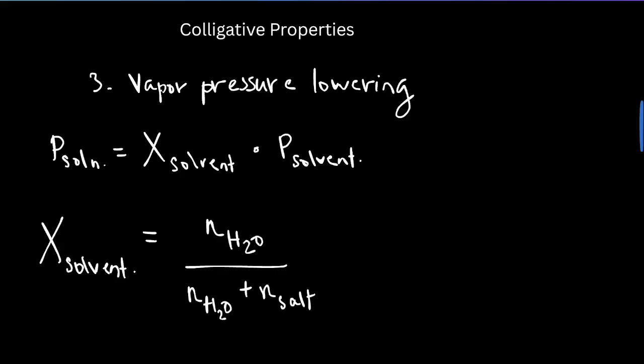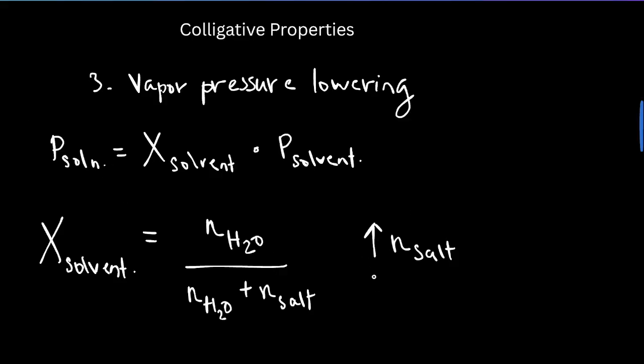And so it's just from this relation directly, we can see that our mole fraction plays a direct role in what our vapor pressure would be. And so from this, we can see what effect changing the amount of solute would have, right? Let's say that we increased the number of moles of salt. What would happen to our mole fraction, and what would be the result to our vapor pressure?